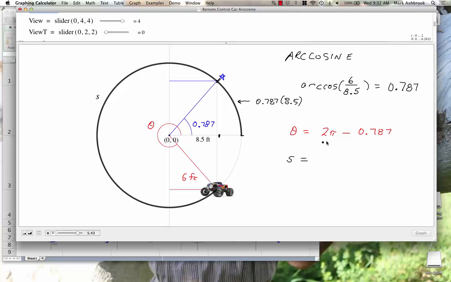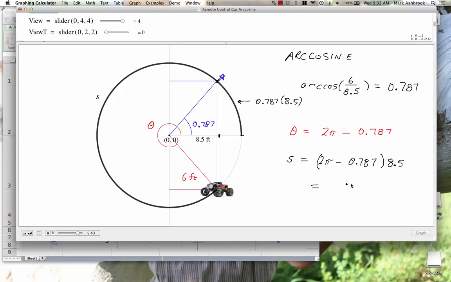If you did the angle first, how would you get S from the angle? This is the same number as the number of radius lengths that the truck took to get around there. So you take that number of radius lengths times the radius, and that gives you the total length in feet.